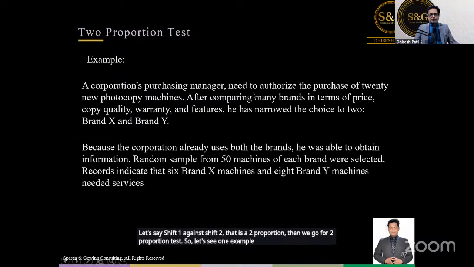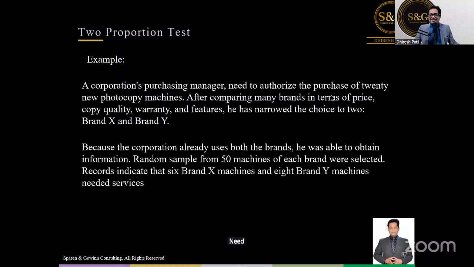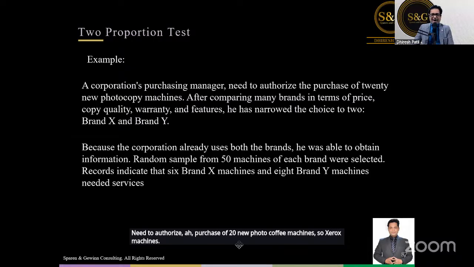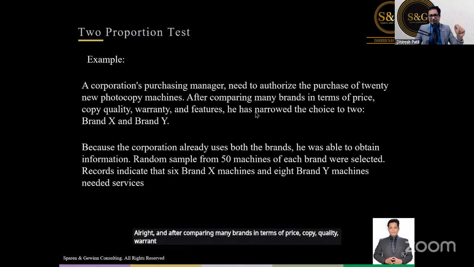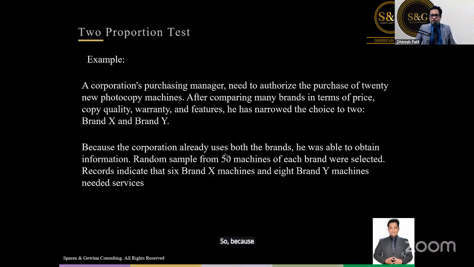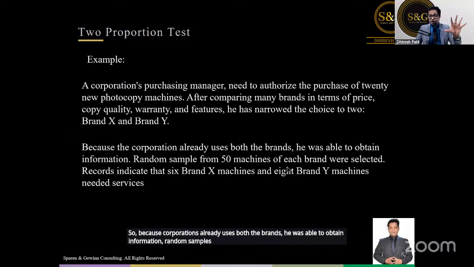A corporation's purchase manager needs to authorize the purchase of 20 new photocopy machines. So they want to purchase Xerox machines. After comparing many brands in terms of price, copy quality, warranty, features, etc., they narrowed down to 2 choices, X and Y. Because the corporation already uses both brands, he was able to obtain information from random samples of 50 machines, because it is a big corporate.